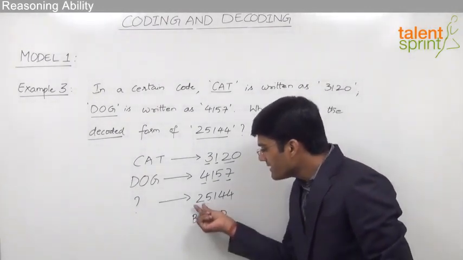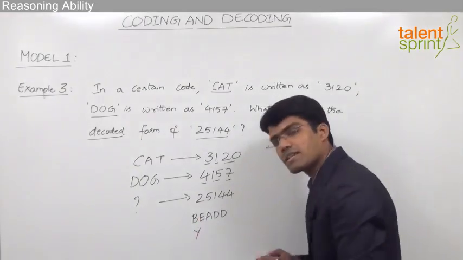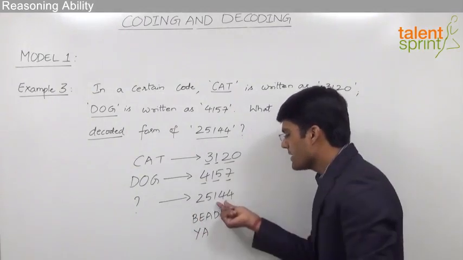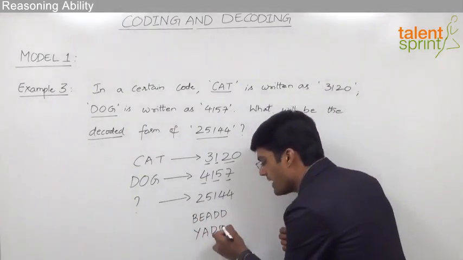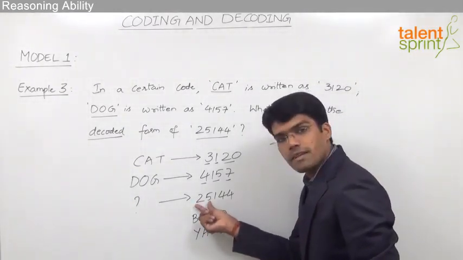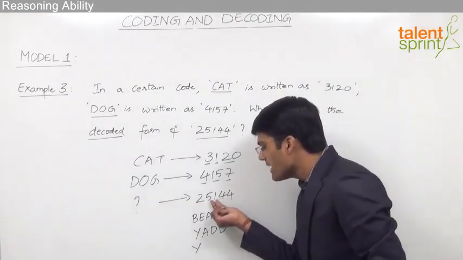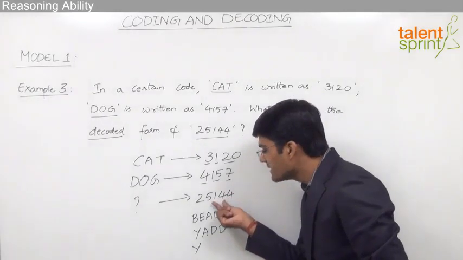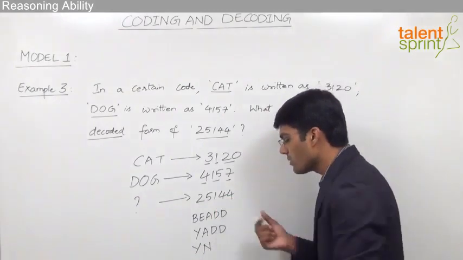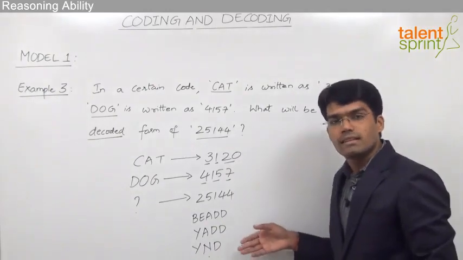But if we take this 25 as 25, it becomes Y, as 25th letter is Y, 1 is A and 4th letter is D, and again we have D. Otherwise, this 25 can be taken as 25, that is Y again. But instead of taking 1 and 4 separately, we can take it as the 14th letter, which is nothing but N, and the last 4 can be taken as D. And so on, we may also get various other answers.